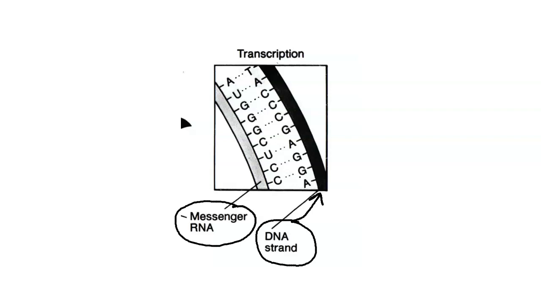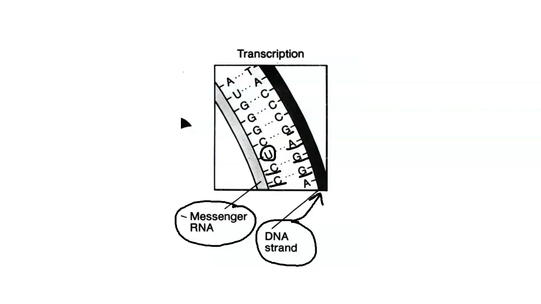If on the DNA molecule there's a G, then my messenger RNA will use a C. G binds with C. A on the DNA would typically bind with T if this was another strand of DNA. RNA uses uracil instead. G binds with C, C with G.